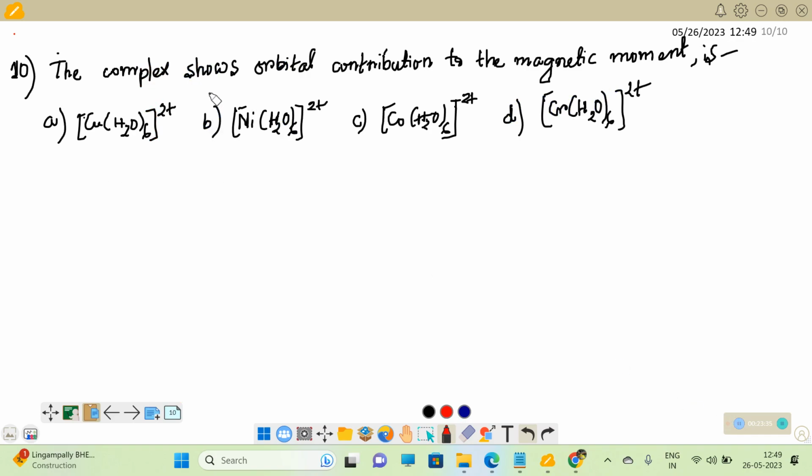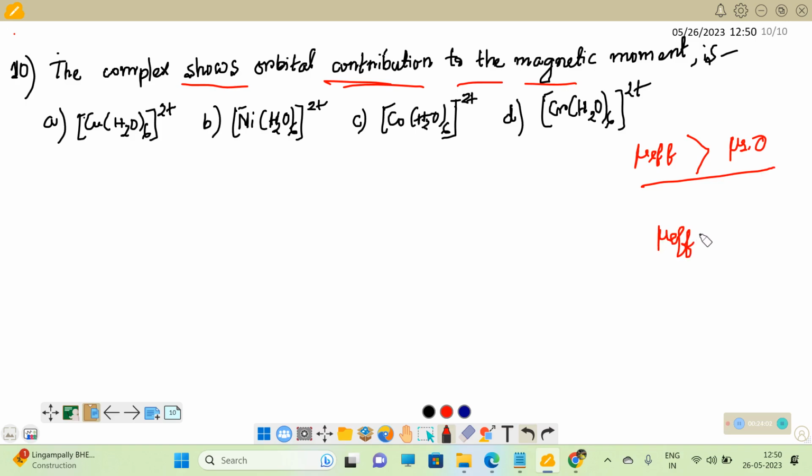You can see that here they are asking about the orbital contribution to the magnetic moment. You know that there are two things, mu effective and mu spin only. When the orbital contribution is added to the magnetic moment, mu effective is greater than mu SO, and the formula is mu effective equals mu SO, mu spin only, times 1 minus alpha lambda by delta.